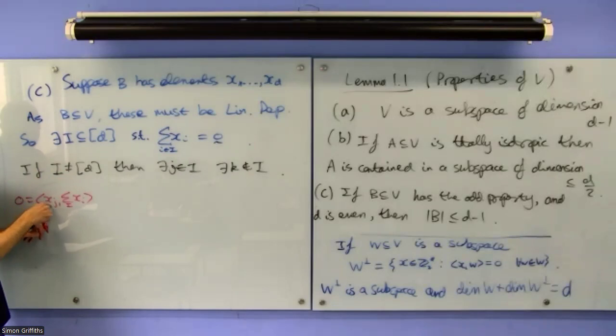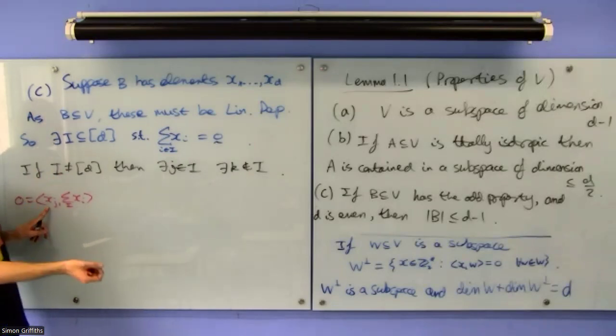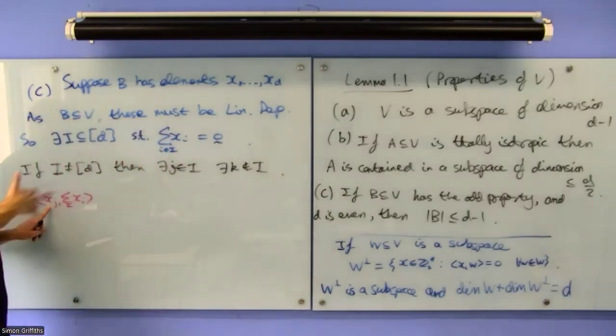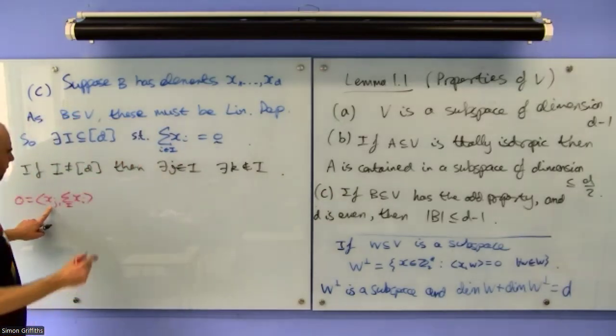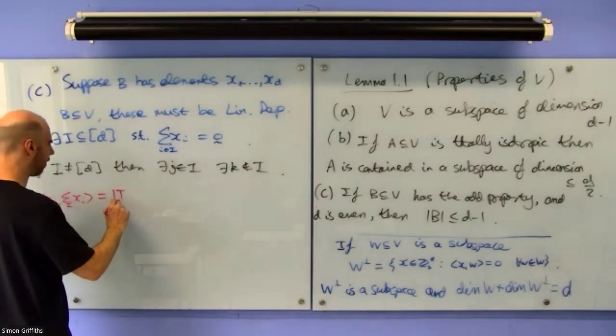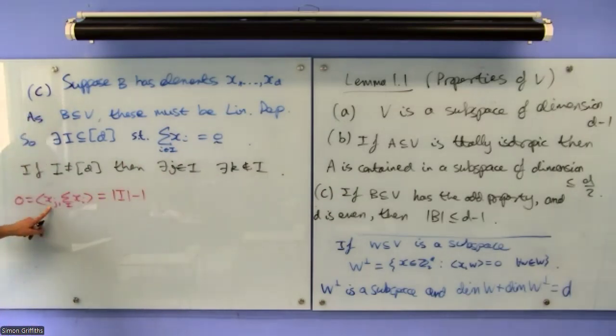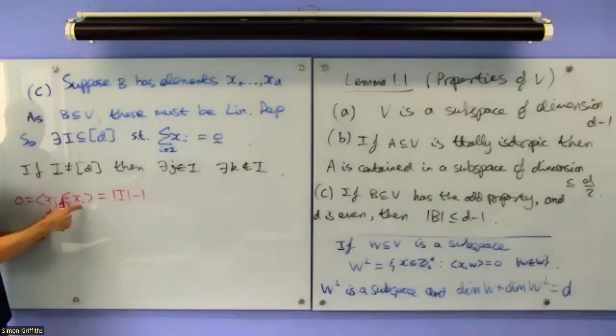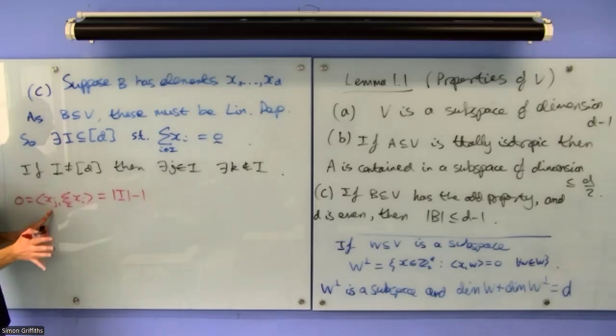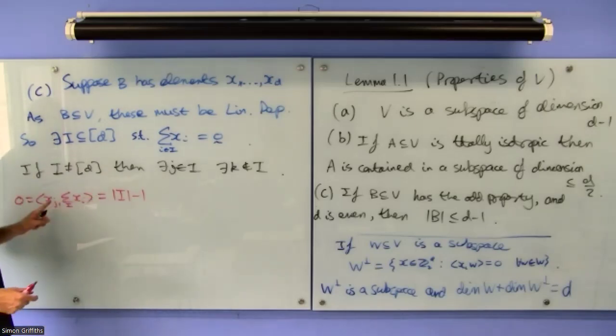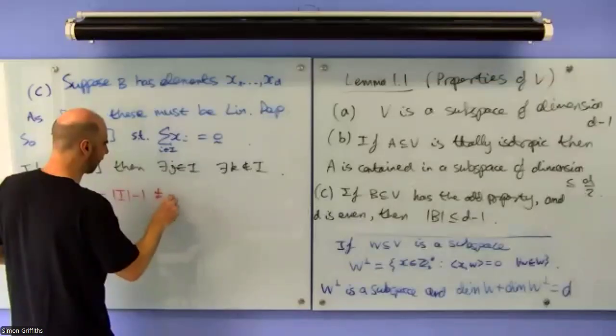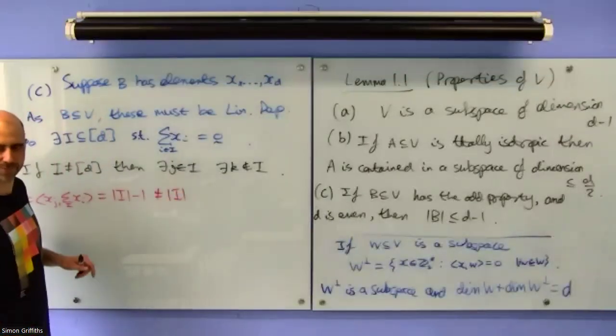Each guy with themselves has inner product 0 because we're in V, and with anyone else has inner product 1. So this actually gives you |I| minus 1. All these calculations are modulo 2, by the way. Because xj and xi will give you 1, because B has the odd property, for any i different from j, but j is an element of this set, so that term just gives 0. So you pick up 1 for every element except yourself.